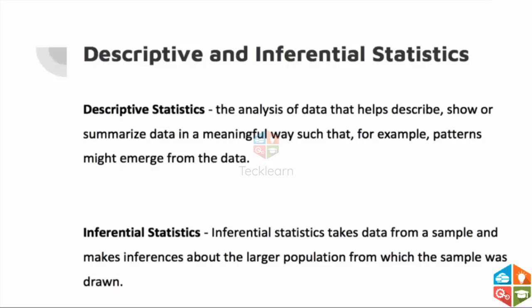Inferential statistics are techniques that allow us to use these samples to make generalizations about the whole population from which the sample has been drawn. That is why it is important that the sample accurately represents the whole population.